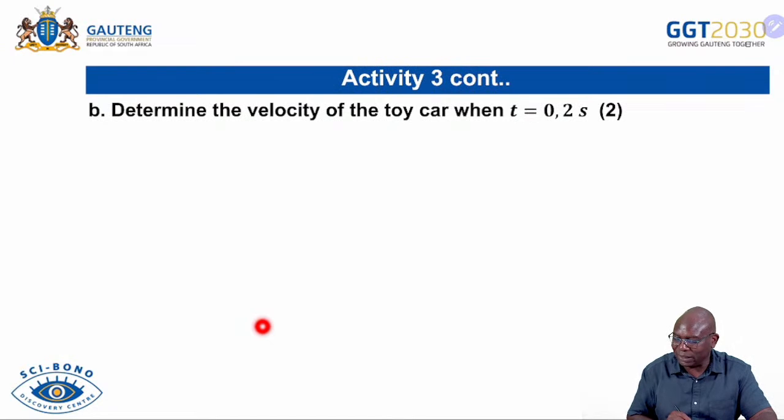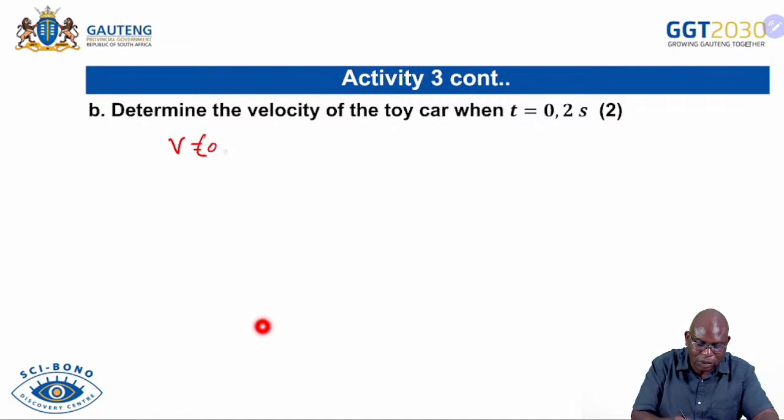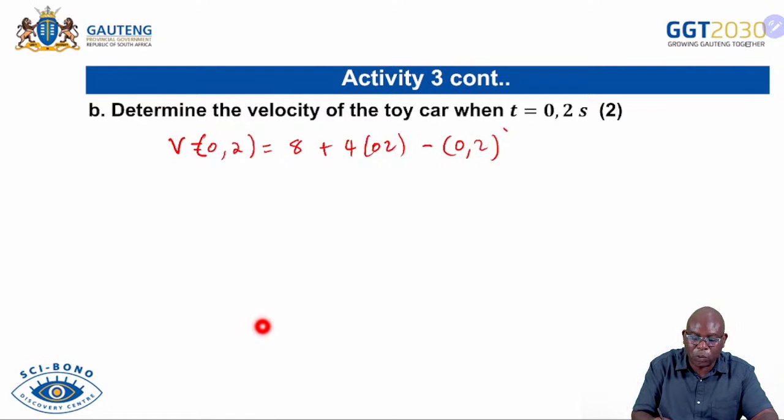The second one says determine the velocity of the toy car when t is 0.2 seconds. I'm still looking for the velocity, and the formula that was given was velocity. So I'm substituting my value of t by 0.2, that one is 0.2 all squared.